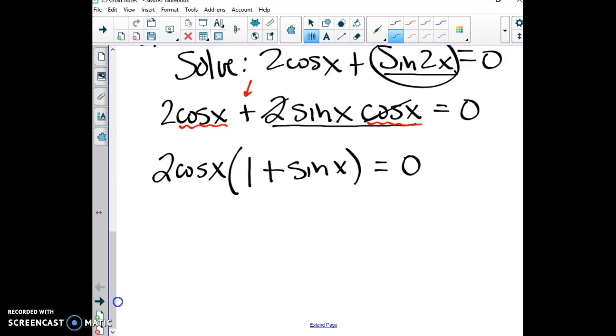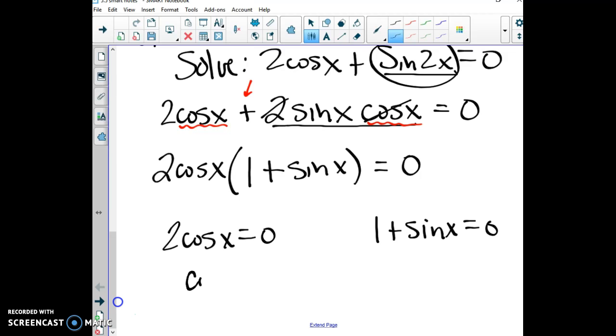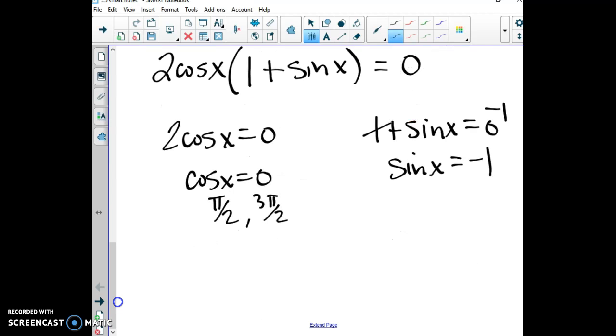So we're going to take each part of that product. 2 cosine x is equal to 0, or 1 plus sine x is equal to 0. Solving the first one, we get cosine x is equal to 0. We know that to be pi halves and 3 pi halves. And on this side, we're going to subtract 1 from both sides. The sine of x is equal to -1, and we know that to be true at 3 pi halves.